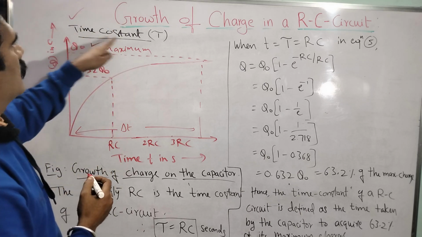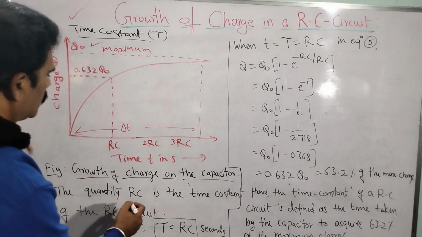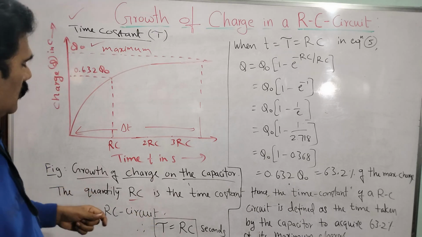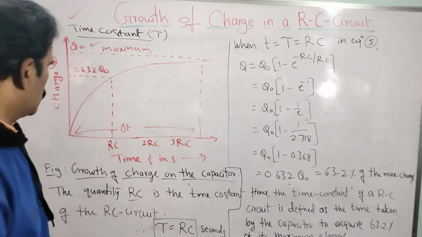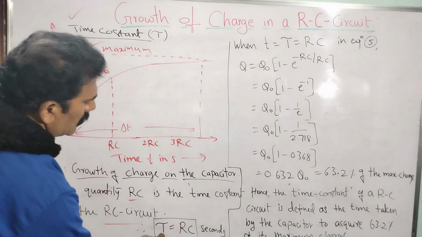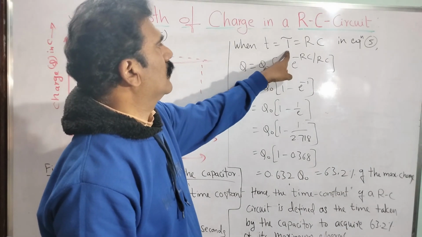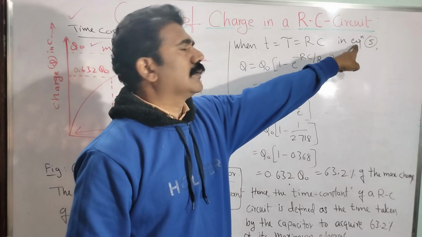So the time constant is denoted by tau. The quantity RC in equation 5 is the time constant of the RC circuit here. So you can substitute tau is equal to RC seconds in equation 5. Take time t equal to tau equal to RC in equation 5.